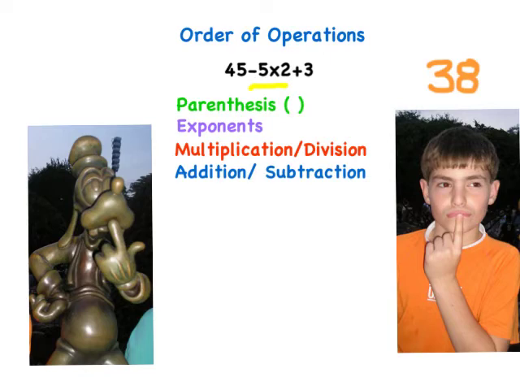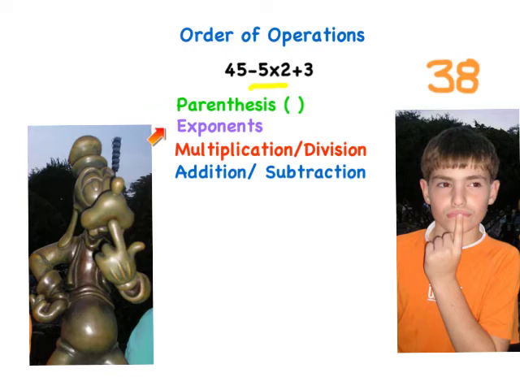Okay, so let's review. When you're given an expression that has more than one math operation in it, we have to follow a set order to get the correct solution. And the correct order is this. First, we're going to look to see if there's any parentheses. If there are, you must do what's inside those very first.